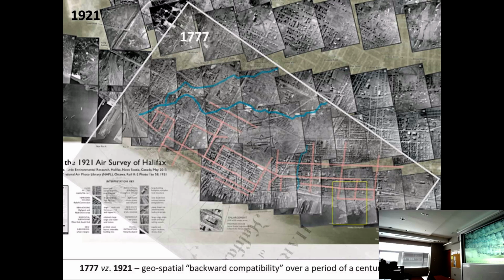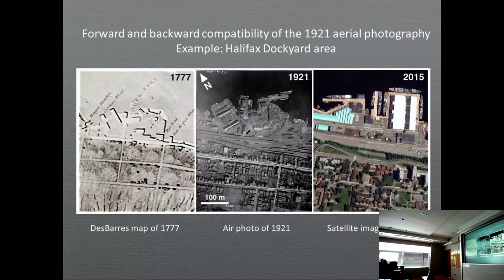This yellow box indicates one of my last scenes, the forward and backward compatibility of the aerial photography from 1921. I want to make the point that this aerial photography is a very important geospatial link between the cartography of the past of Halifax and the very modern cartography or image acquisitions by the satellites of our day.